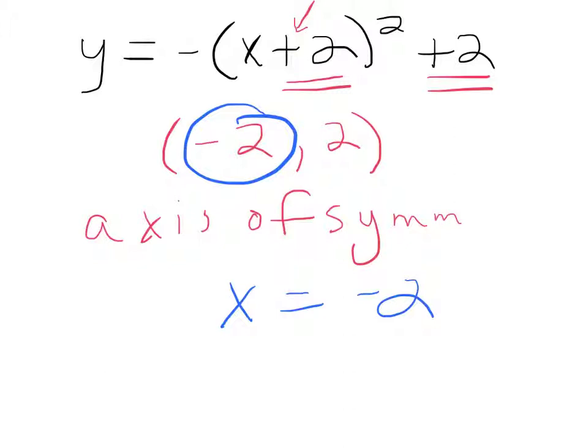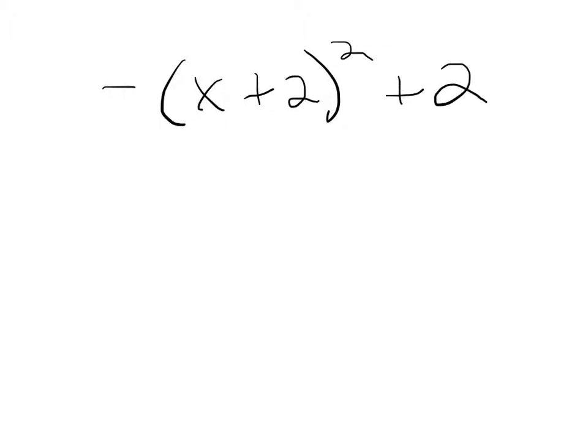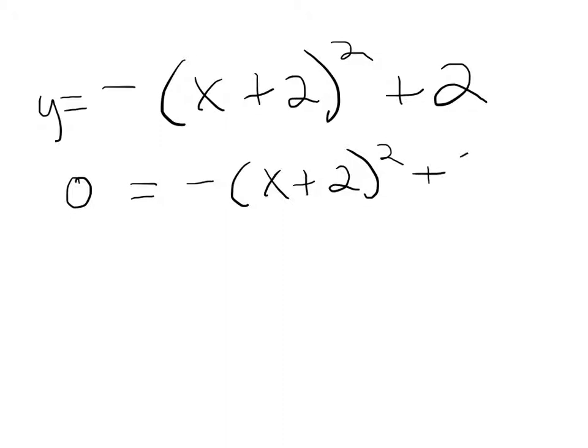X-intercepts and y-intercepts. Let's go ahead and add a new page. Okay, so if we go back to our equation, to get the x-intercepts, you let y equal 0. So I'm going to plug in a 0 for y, and then I've got to solve. So I've got to subtract 2 from both sides. So now we've got this.